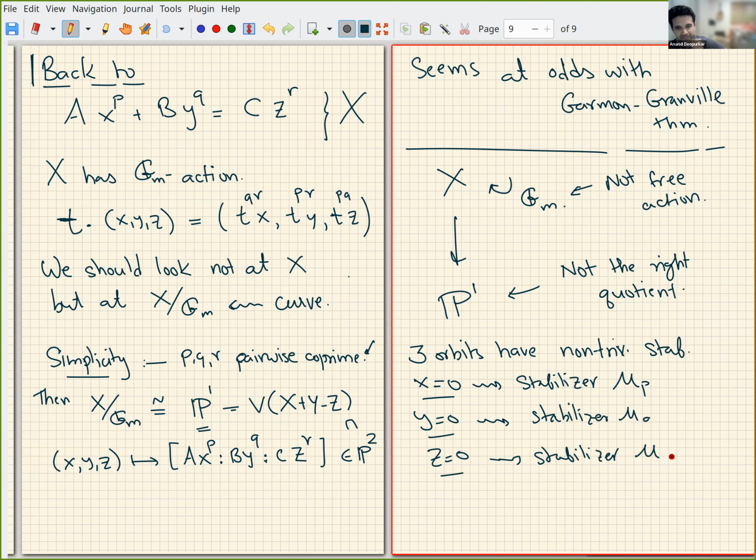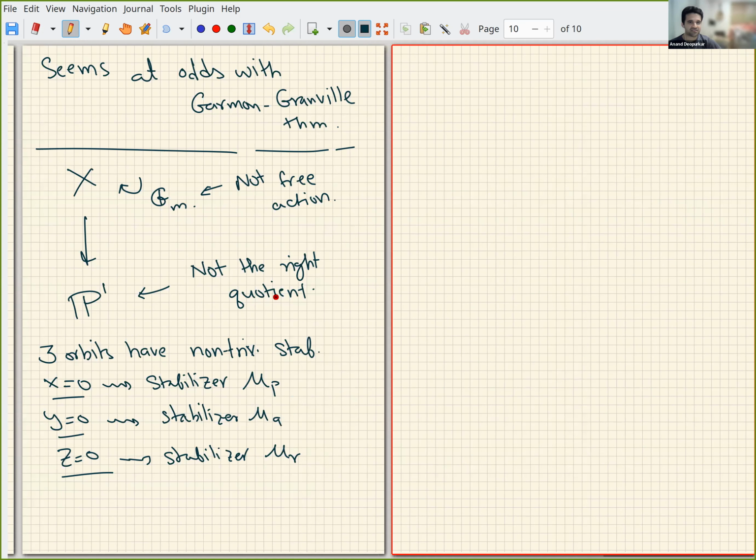mu_r. And away from these 3 special orbits, the action is free, and the quotient is actually P1 minus 3 points. But at these 3 points, you have extra stabilizers. So what's a better way to think of the quotient?